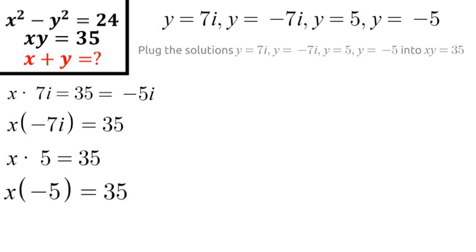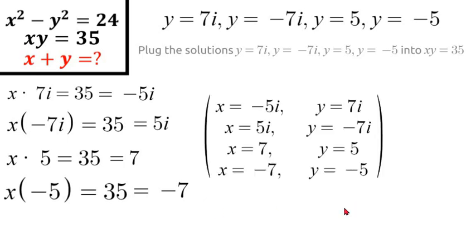And if you're unfamiliar with having i as your denominator, you would multiply both the top and bottom by negative i, which is why we have a negative value here. So in this case, similar situation, we're dividing both sides by negative 7i, which would leave us with a positive 5i. Here we divide both sides by 5, we would be left with 7, and then divide both sides by negative 5, and we would have negative 7.